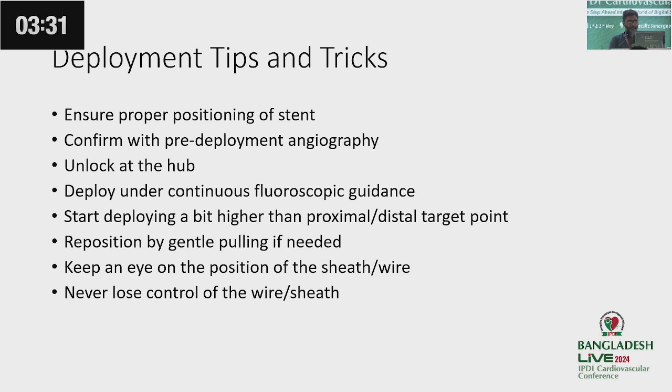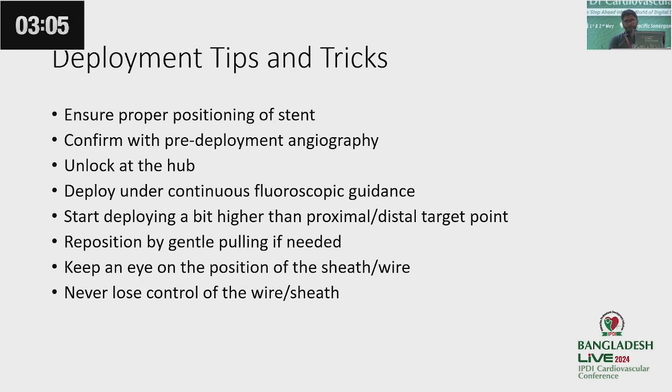Start deployment a bit higher than the proximal or distal target point. This means just try to deploy the stent just distal to the lesion and reposition by gentle pulling if needed. It is possible to reposition and recapture if we deploy only a small part.